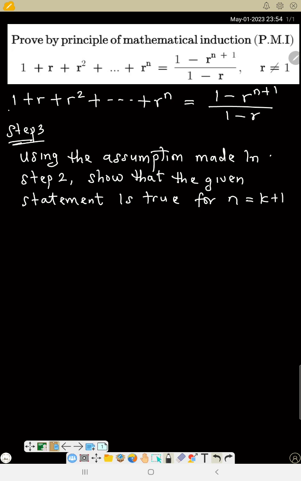So using the assumption made in step 2, show that the given statement is true for n equals to k plus 1. So I'll start with left hand side.